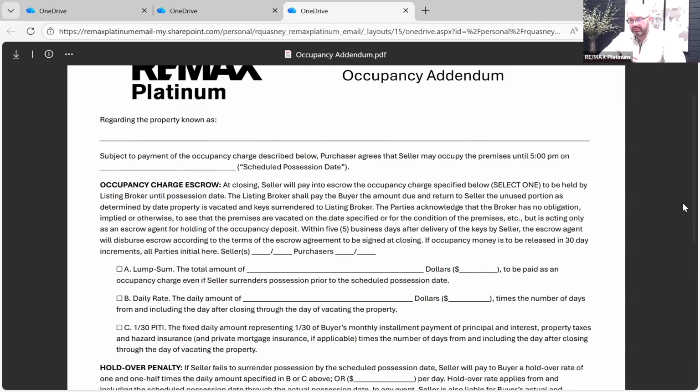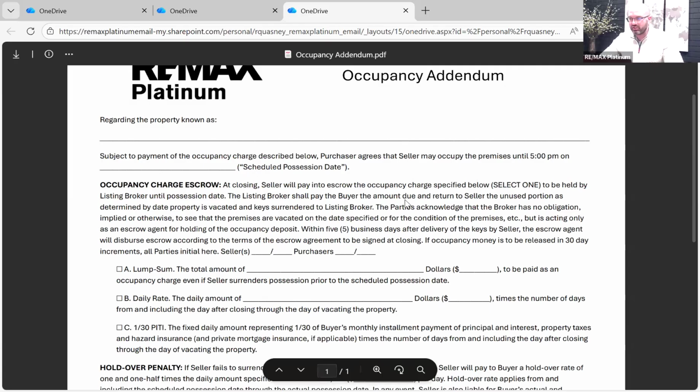Well, yeah. One of the things that I often think of is that it is going to depend on what the occupancy charge is. Because if you're in a bidding war and you're trying to sweeten the pot by saying, hey, 30 days free occupancy, and you put in a solid date here, and then there's a buyer-caused delay of the closing, it starts to eat into that occupancy charge.